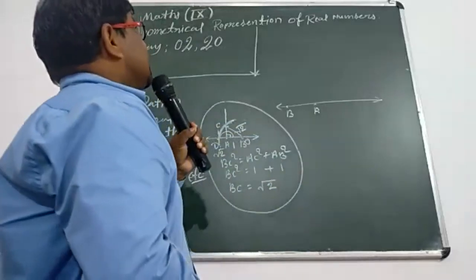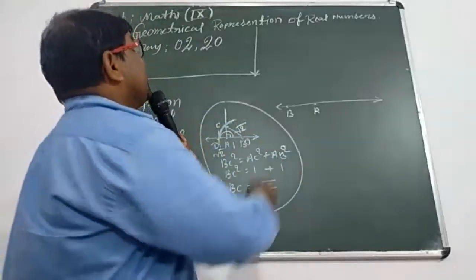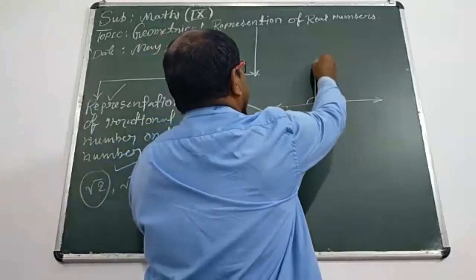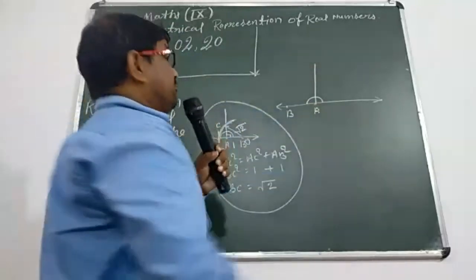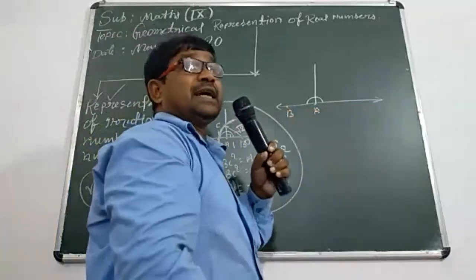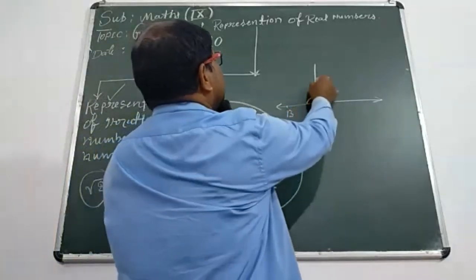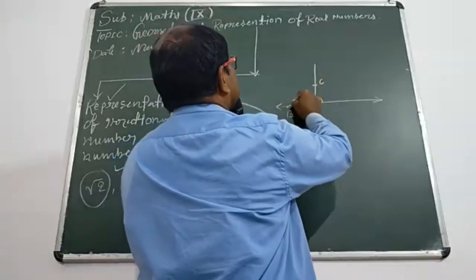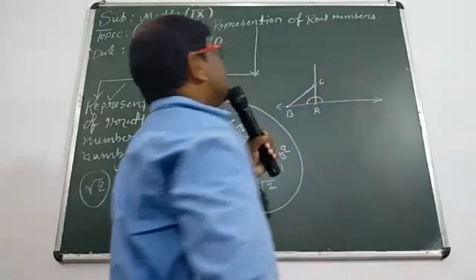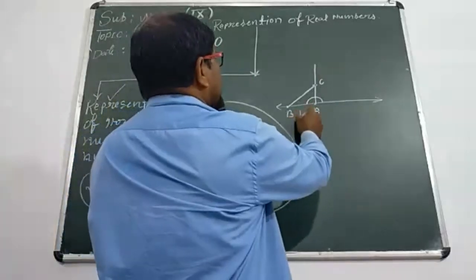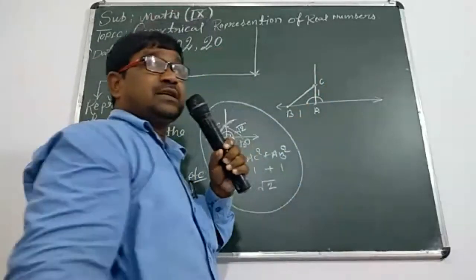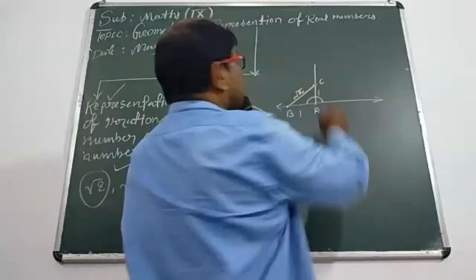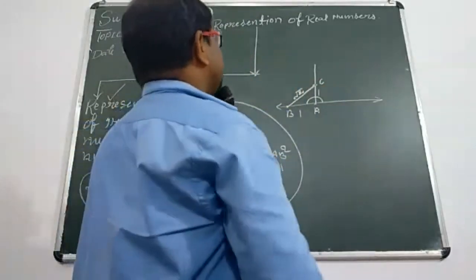Now student, we will draw a perpendicular here. Measure 1 unit. Suppose that this is C. Now, student, we will join these 2 points. This is 1 unit. This is 1 unit. So, by Pythagoras, this will be under root 2 unit.